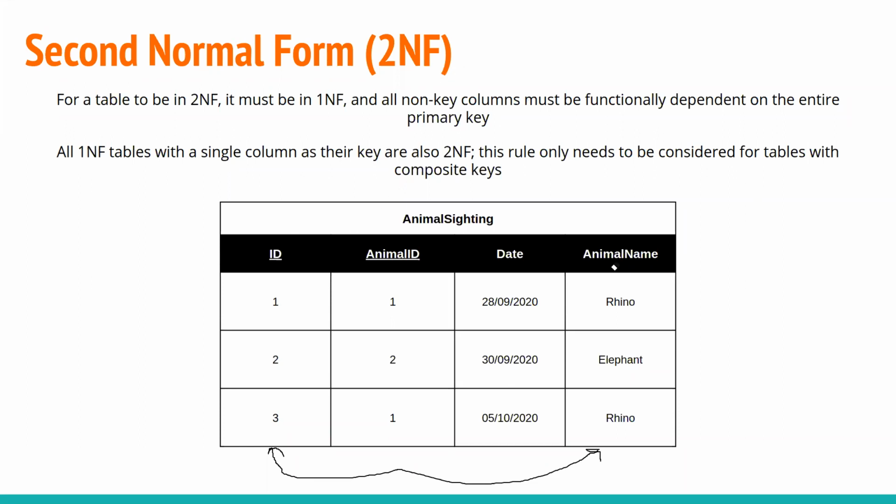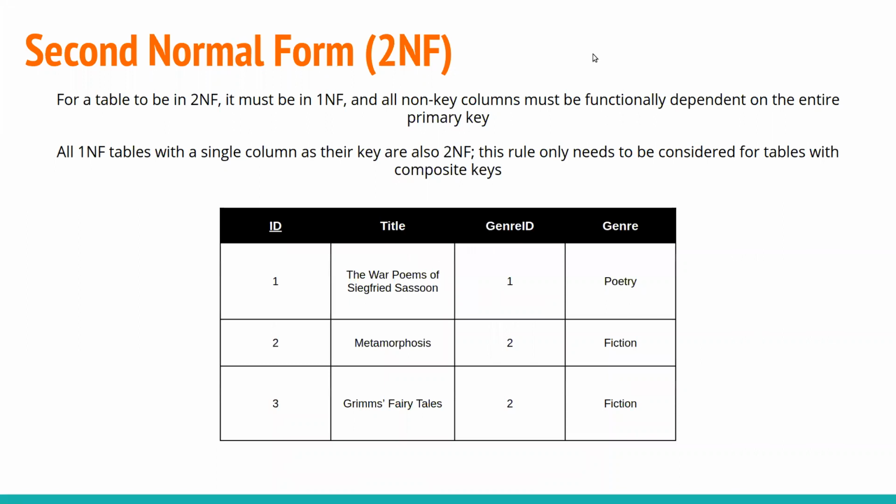So the animal name is not uniquely determined by the ID in the first place. They're not functionally dependent. And notice, it says entire primary key. So if we look back at this previous table, it doesn't matter that genre is not functionally dependent on ID itself.